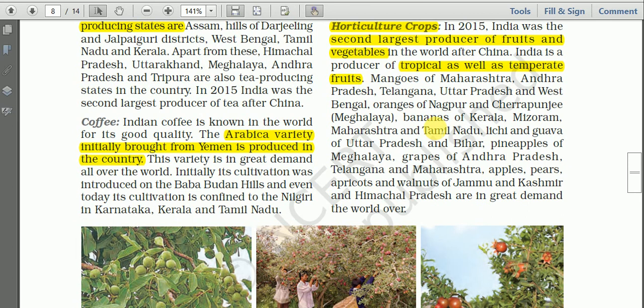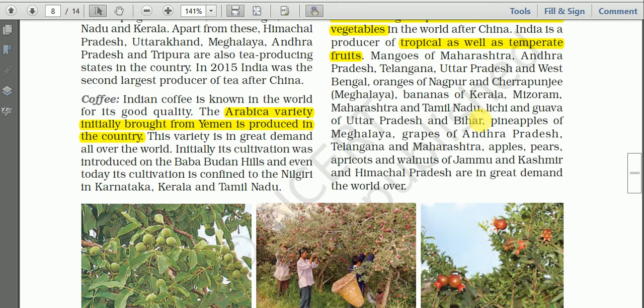So these are the different types of fruits grown in India: mangoes, bananas, lychee, guava, apples, pear, apricot, walnuts. In addition to this, we have lemon also, and oranges already mentioned.